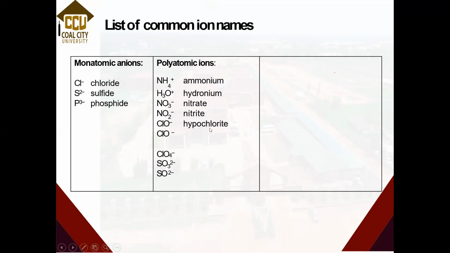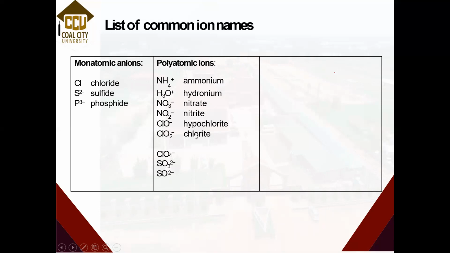ClO minus, that is our hypochlorite. Hypochlorite is a bleaching agent. We have ClO2 minus, we call that chlorite. Can you see the difference now? We are using the word hypo to signify that the number of oxygens is less.